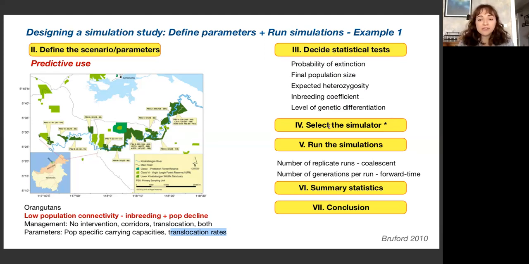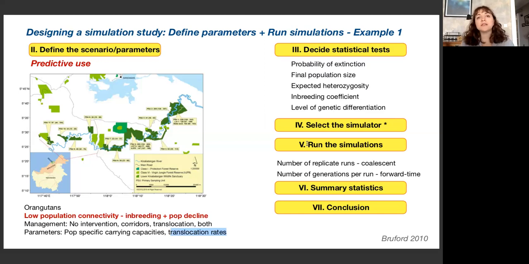Then, in a normal simulation study, we run the simulations. Before running them, you need to decide the number of replicate runs. If you're running a forward time simulation, you also need to decide the number of generations per run. How many generations are you going to produce in each run of the simulation?